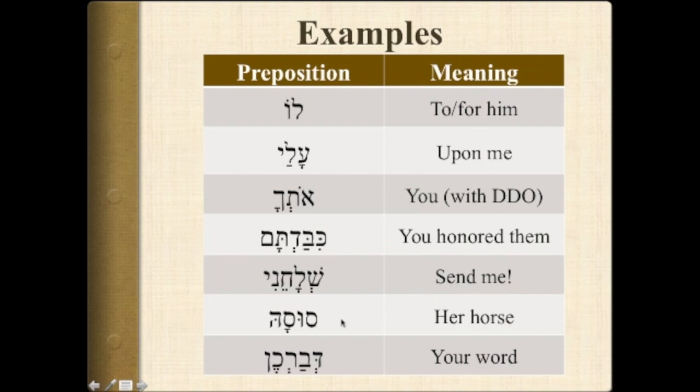On nouns, for example, and also on participles, the suffix indicates a possessive. So her horse, noun plus pronominal suffix. Or devarchen, your word. Again, the possessive.